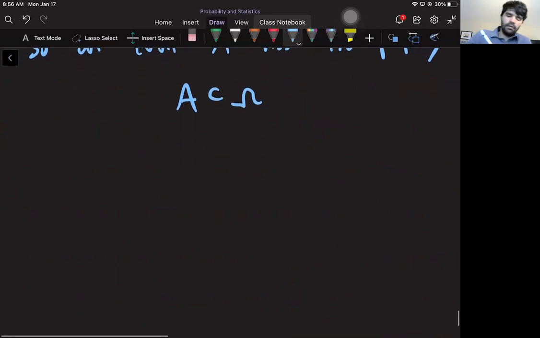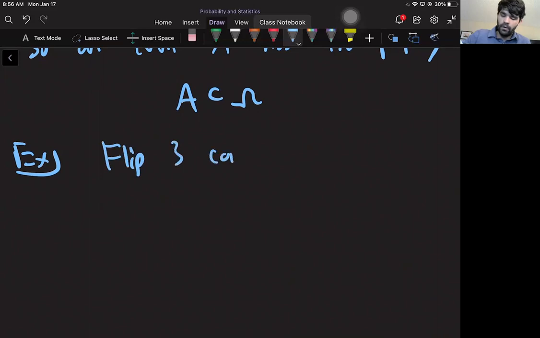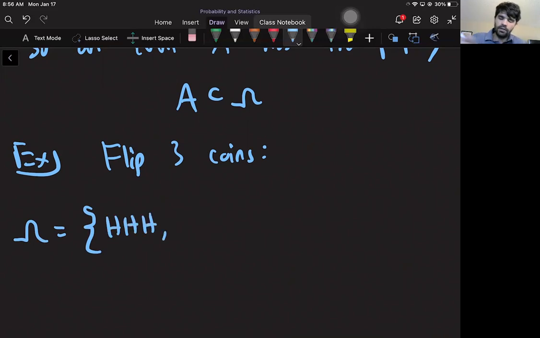Okay, let's think about another example. So let's flip 3 coins this time instead of 2. So then there's going to be 8 outcomes. And we can use our H notation. So we just write 3 H's to mean that I flip 3 heads in a row. And then I can just list them all out here. The last one could have been tails. This one could have been tails instead.